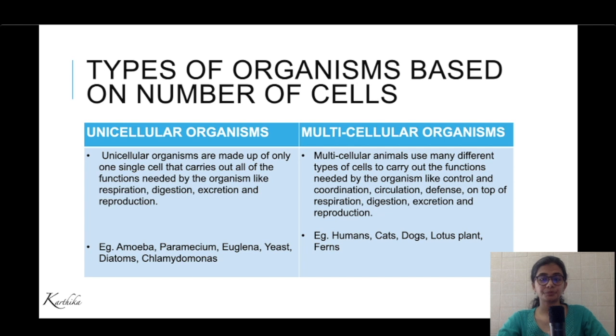There are functions like control and coordination, circulation, defense, on top of respiration, digestion, excretion, and such processes. For examples, you can take any large organism. Here I have given humans, cats, dogs, lotus plant, and ferns.